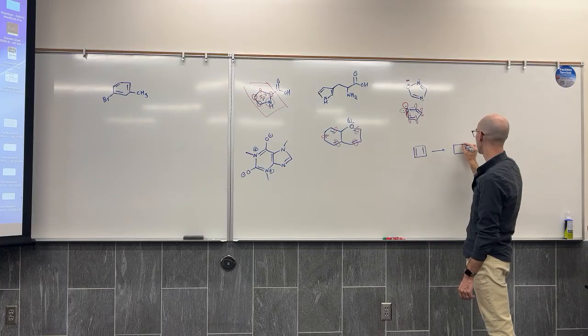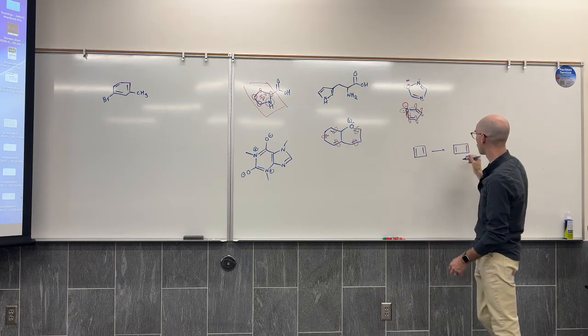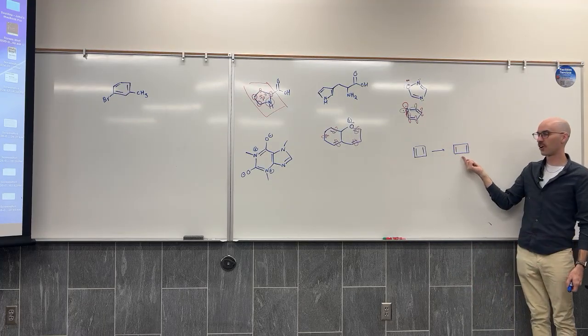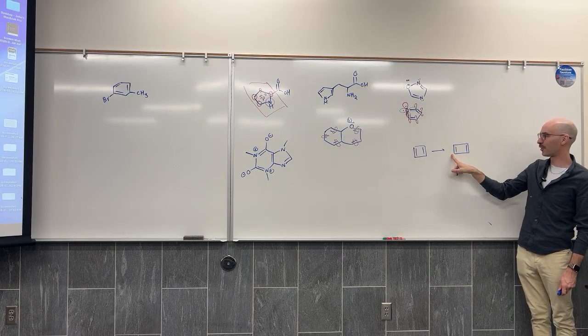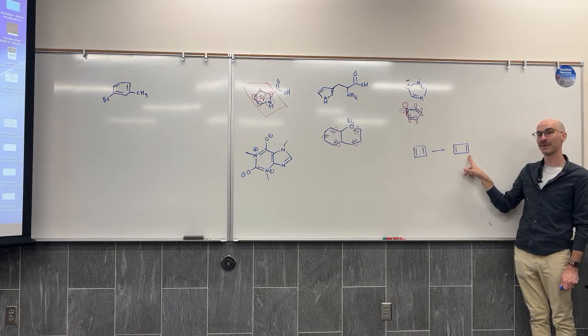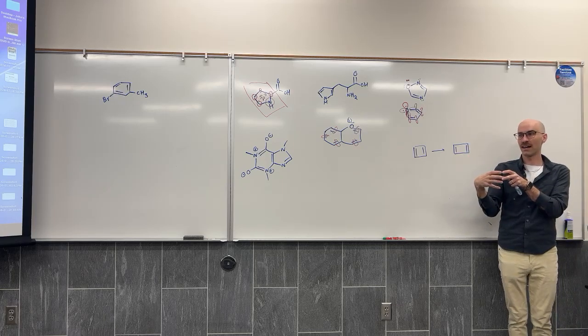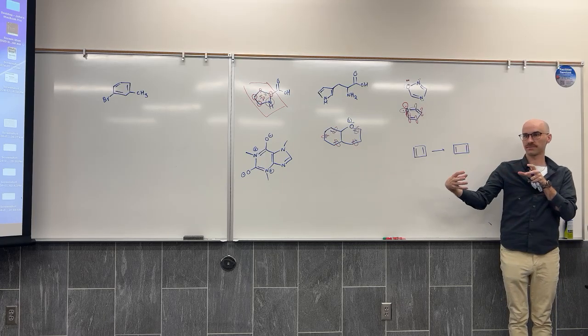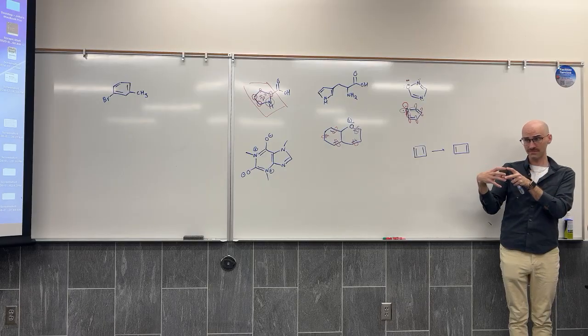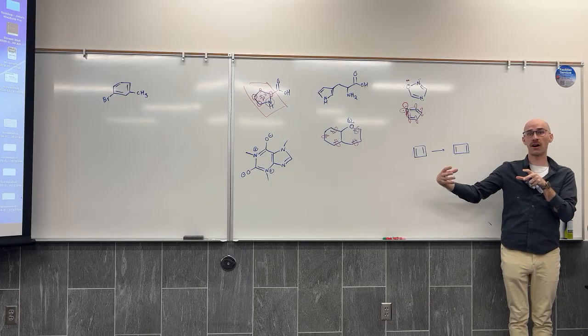What it does is it stretches out along its sigma bonds so that the p orbitals on one side can't overlap with the p orbitals on the other side. It elongates its bonds to break conjugation.